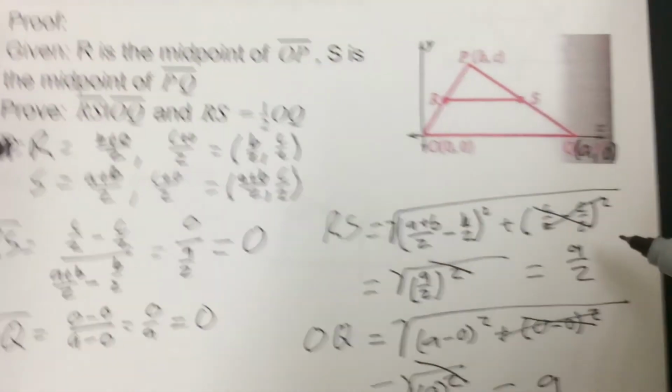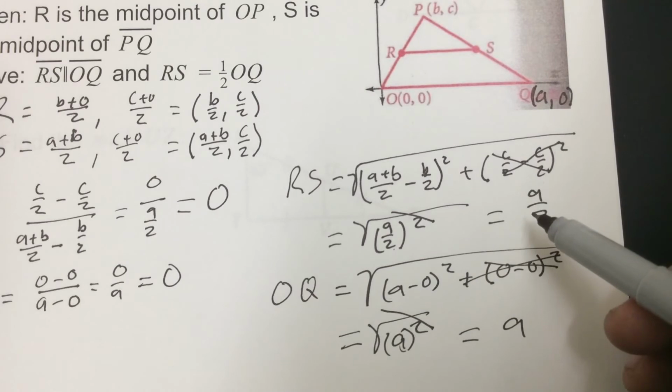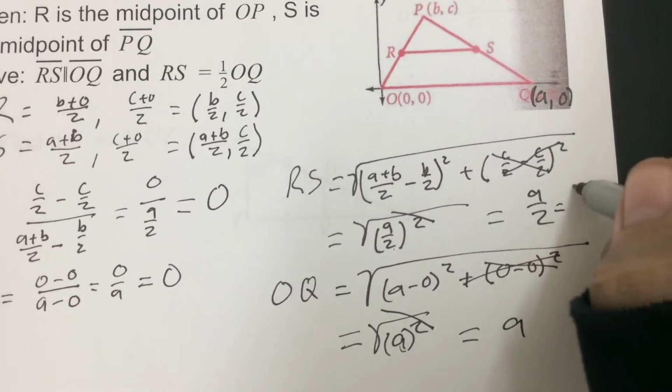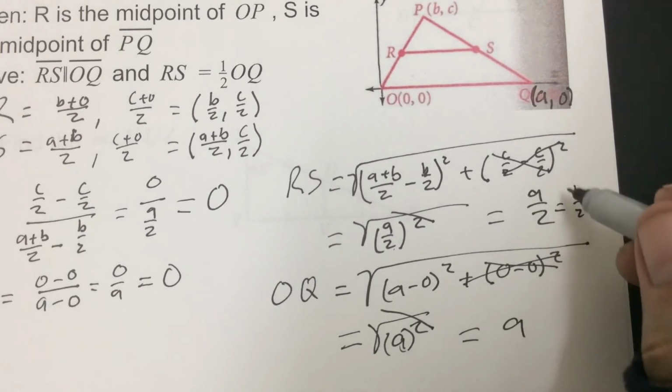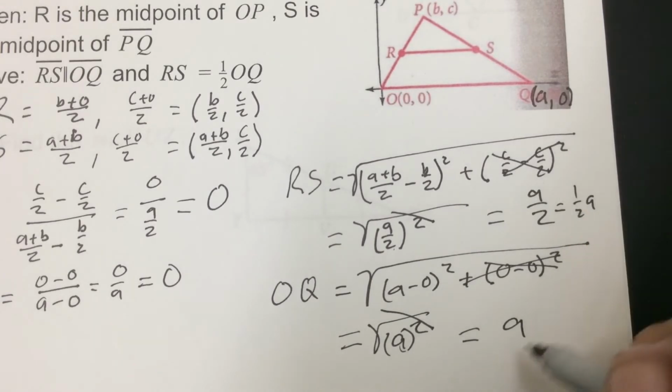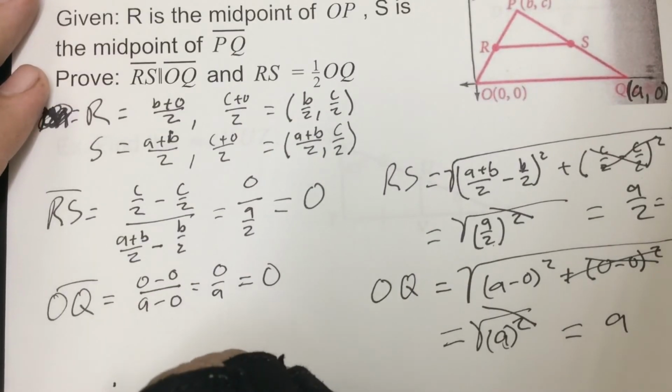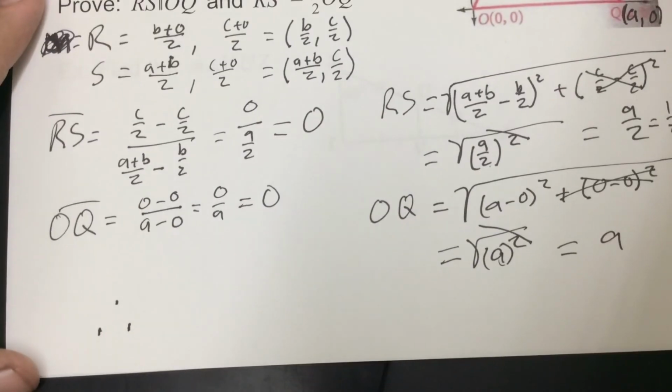So therefore, we just showed that RS is going to have a distance of A over 2, in other words, 1/2 A, and OQ is A. So we just showed that RS is going to be half of what the OQ distance is. We're going to finalize this by saying those three little dots that mean therefore.